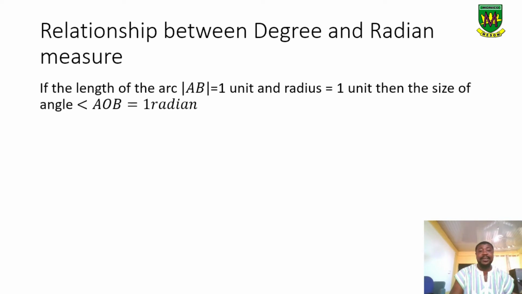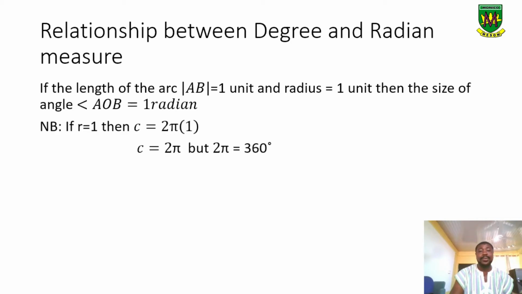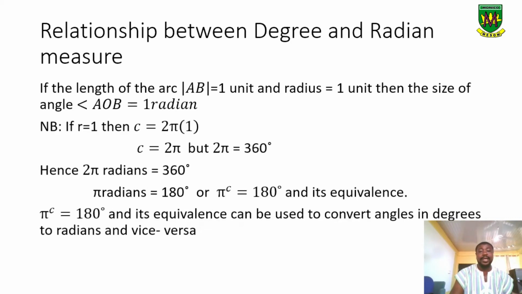Let us now find the relationship between degree and radian measure. If the length of the arc AB from our diagram is 1 unit and the radius is also 1 unit, then the size of angle AOB is 1 radian.